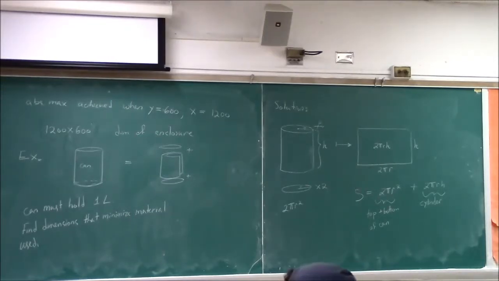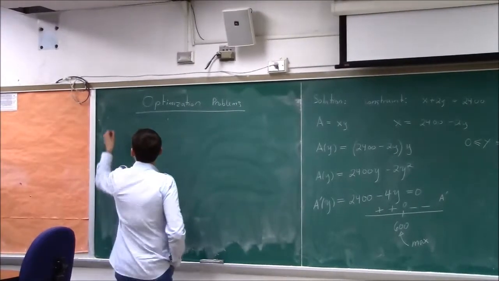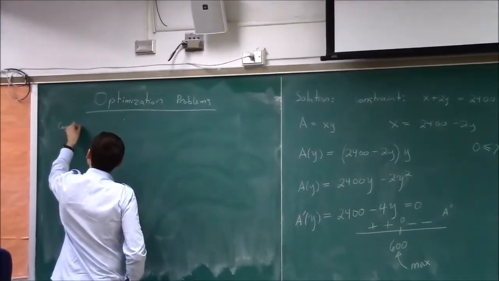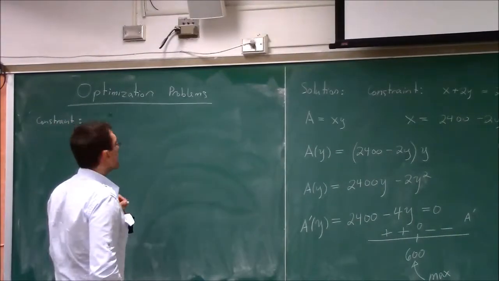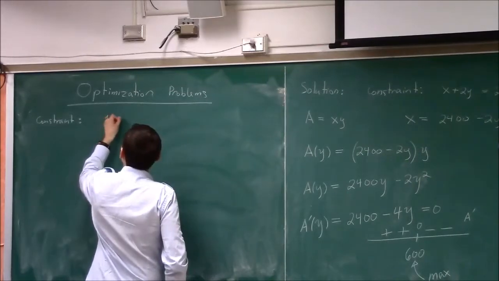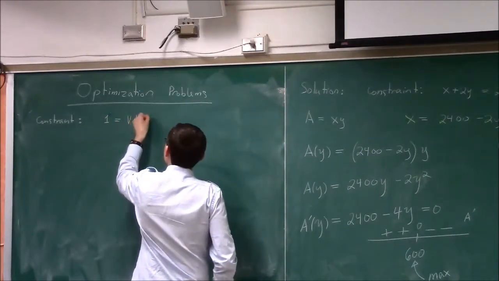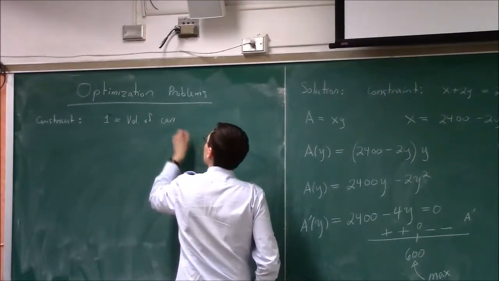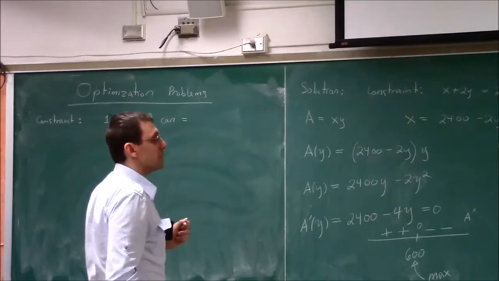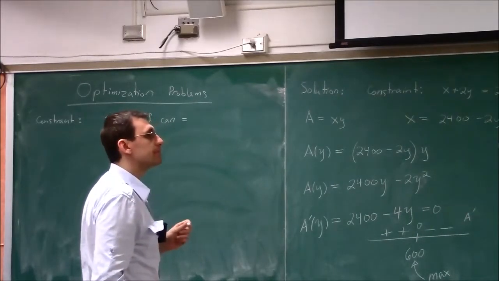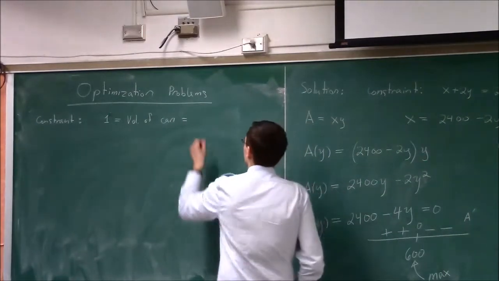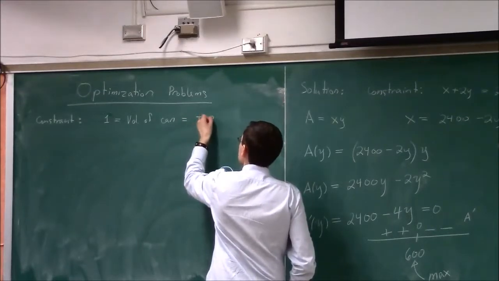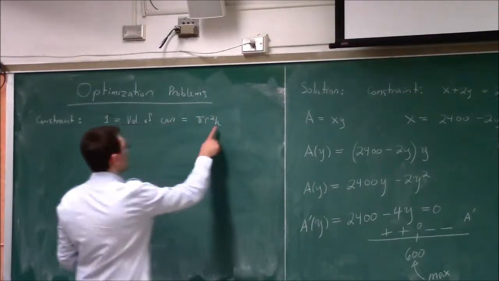The volume has to be 1 liter. So how do I calculate the volume of the can? The constraint is that 1, which is the volume of the can, is equal to what? Pi r squared h. Yes, pi r squared h. So easiest is to eliminate h, right?